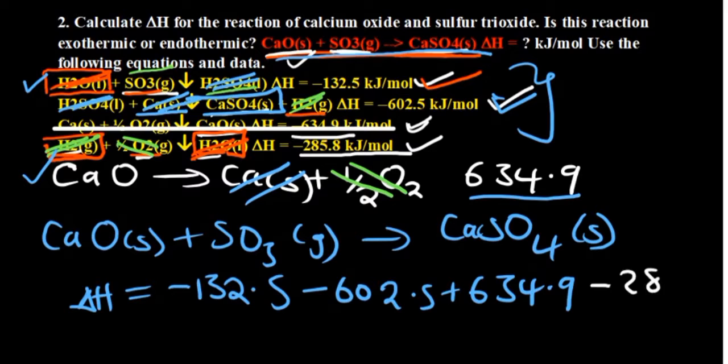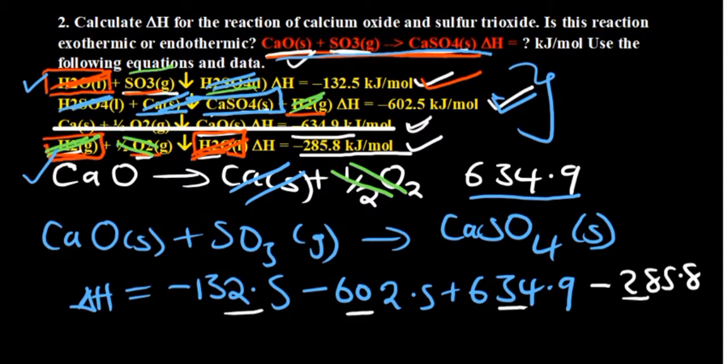285.8. How many equations did we have? We had 4. So this is 1, 2, 3, and 4. So get a calculator there. Negative 132.5 minus 602.5 plus 654.9 minus 285.8.